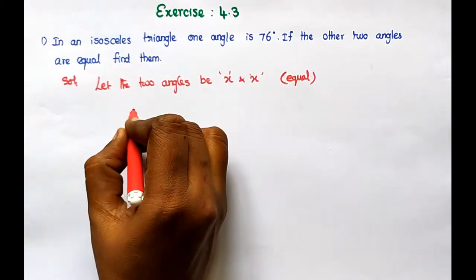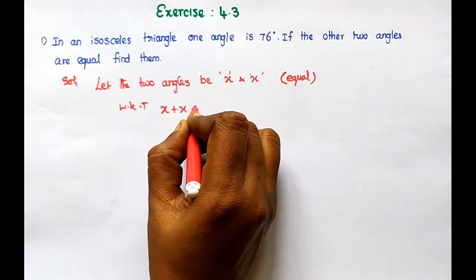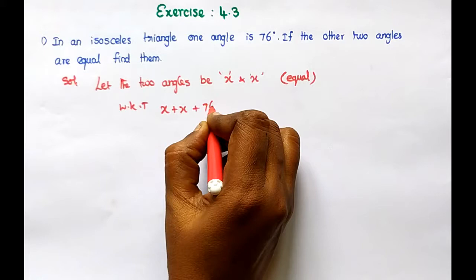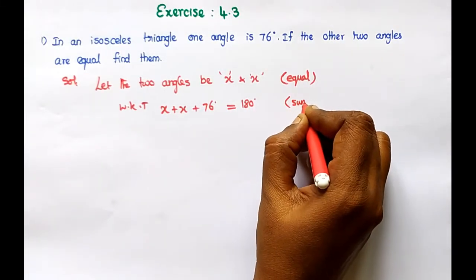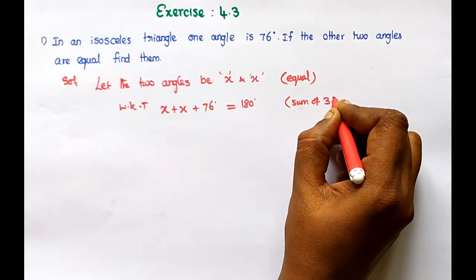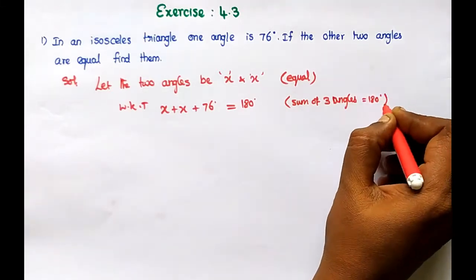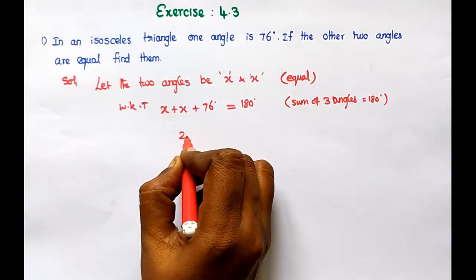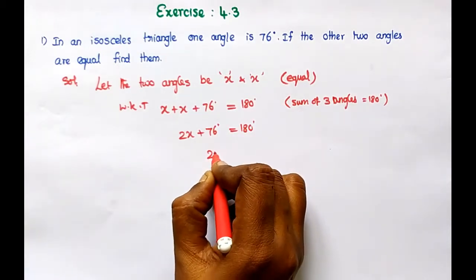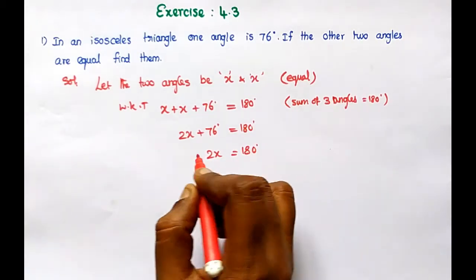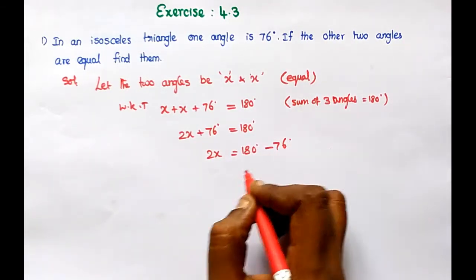So now we know that x plus x plus the third angle 76 degrees equals 180 degrees, because the sum of three angles equals 180 degrees. So 2x plus 76 equals 180 degrees. So 2x equals 180 degrees minus 76. Bring this side, means minus 76.